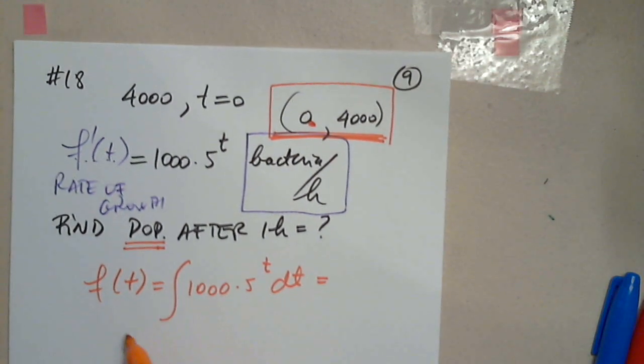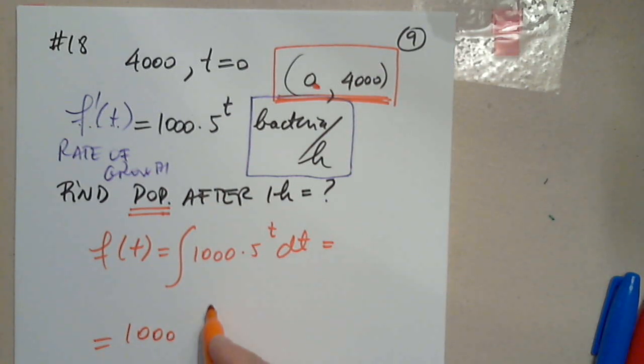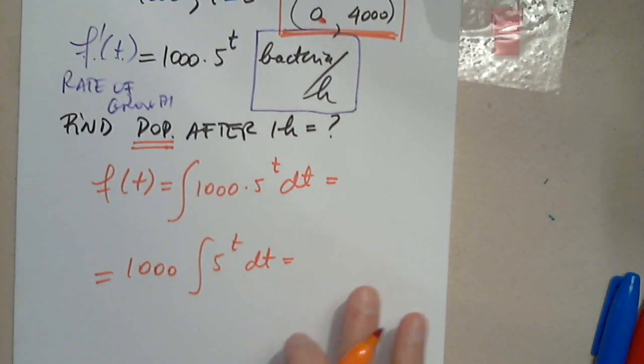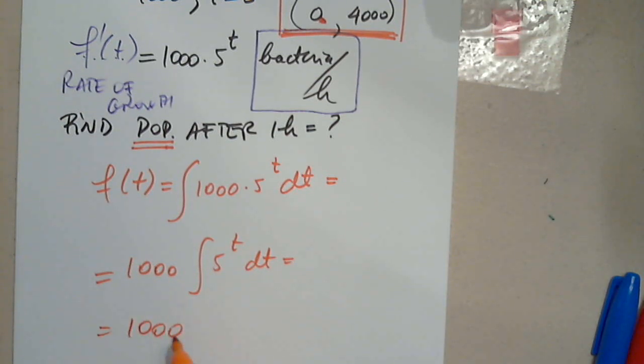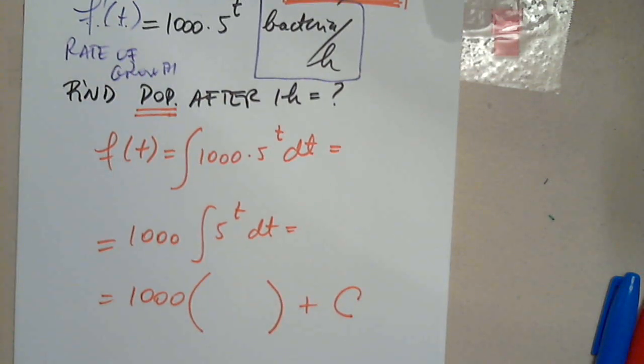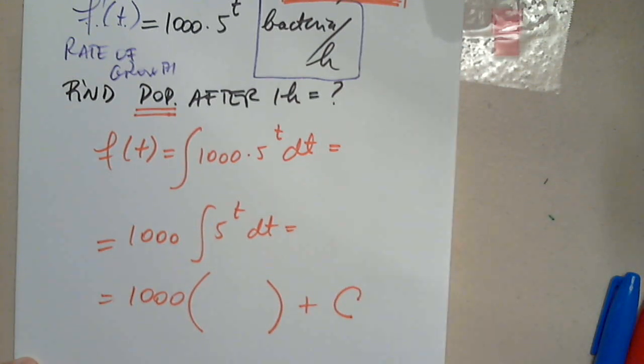Okay, so I take the constant in front, of course. The integral from 5 to t dt. And now the question is, what function prime here is 5 to t? And I can go back to explain how we get that.